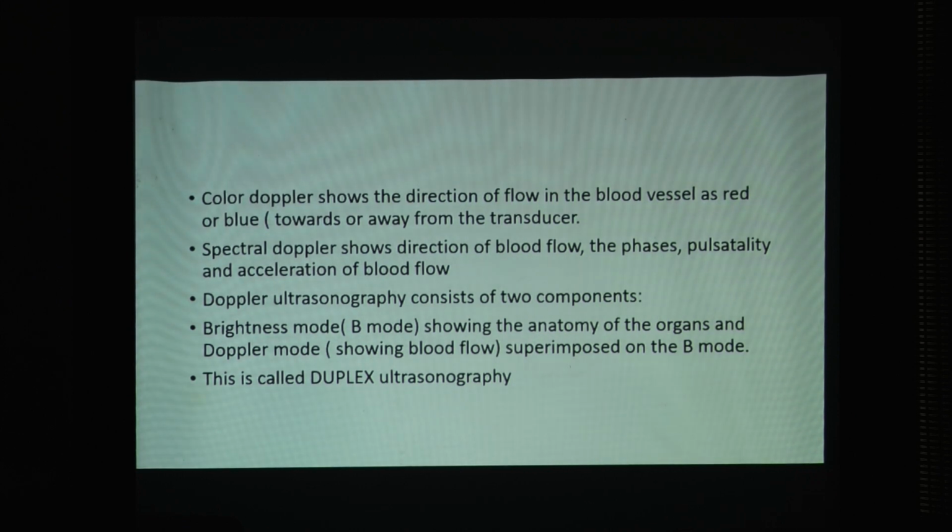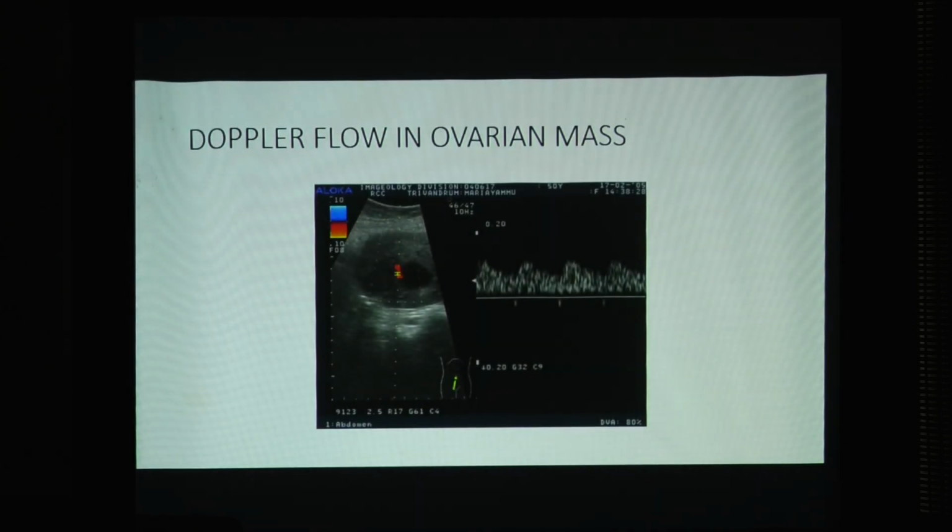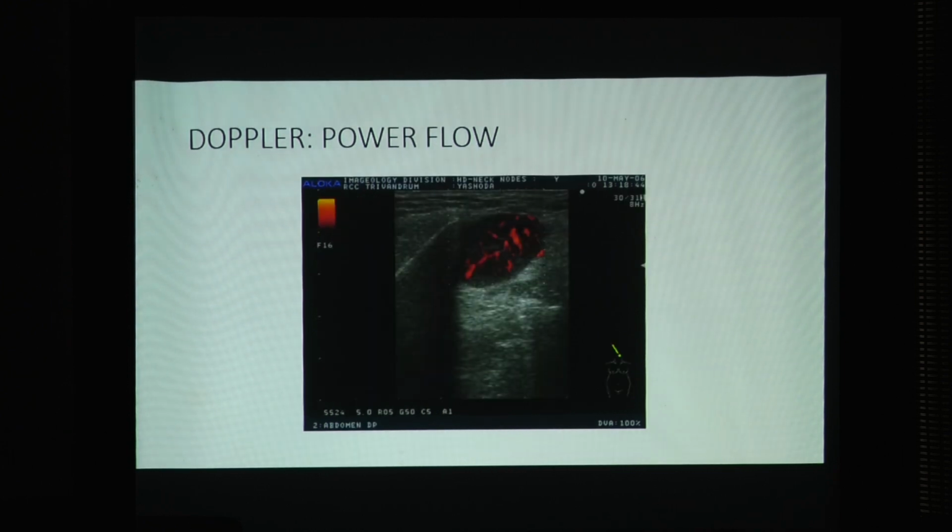Doppler sonography consists of two components. Usually a B mode image is shown and then the Doppler flow is superimposed on the image. This is called duplex imaging. So an ovarian mass with some flow and the tracing is shown. It's a diastolic flow. So the velocities can be determined.